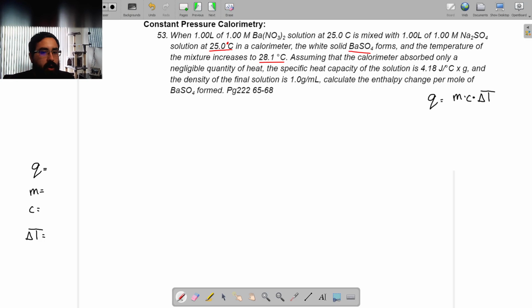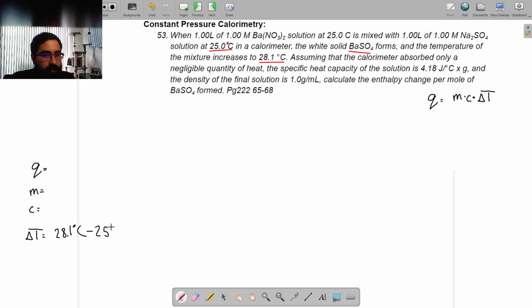So we know our final temperature and our initial temperature. So we're going to write that in already. 28.1 degrees Celsius.